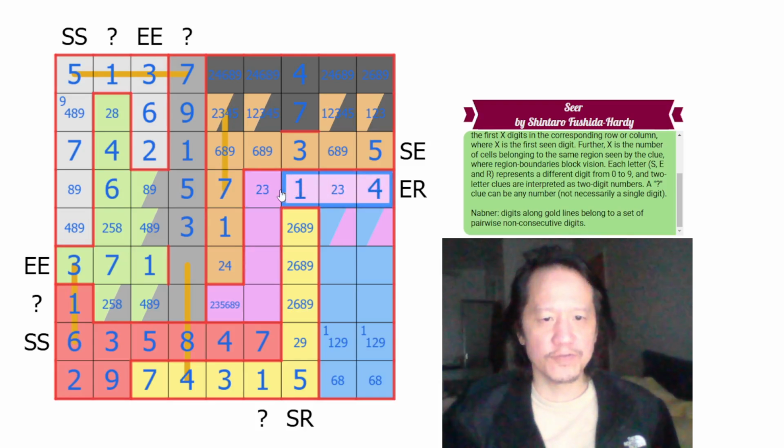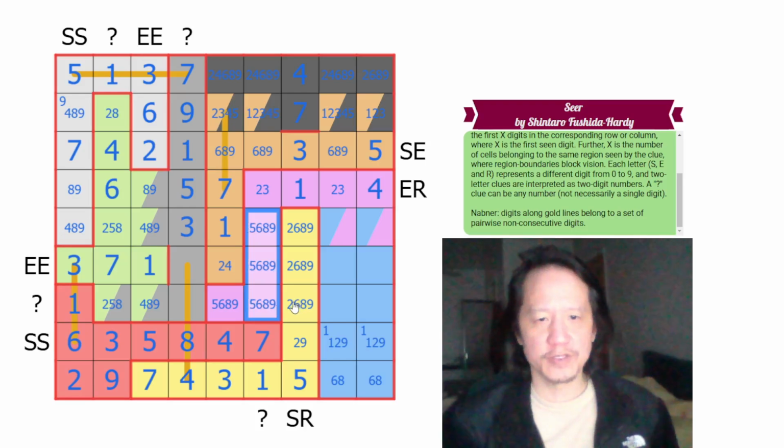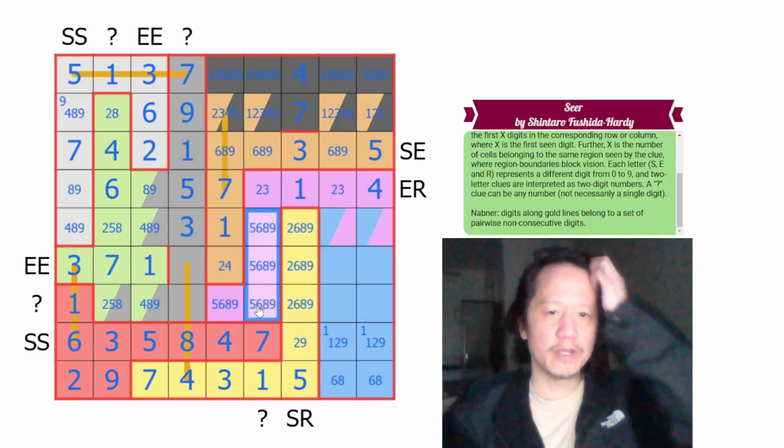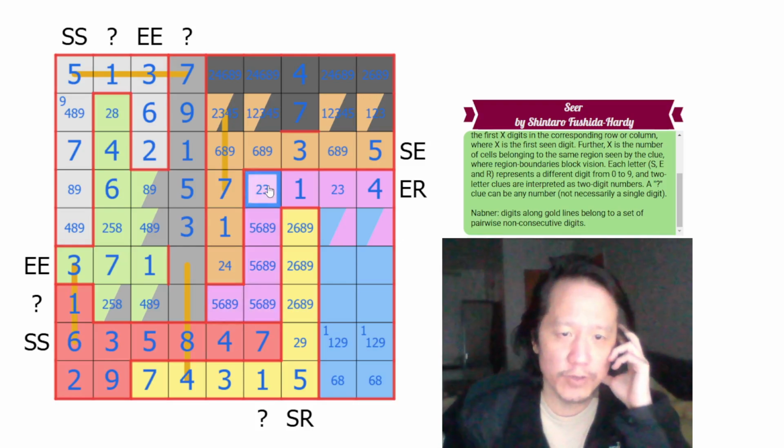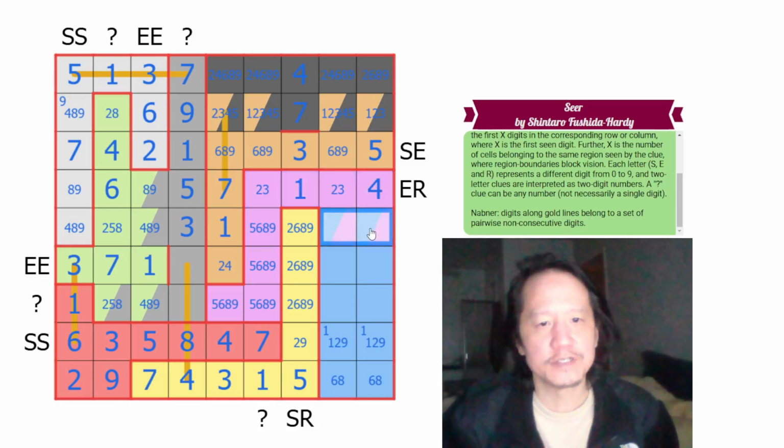This is 1, 2, 3, 4. So the rest of pink cannot contain 1, 2, 3, 4. Therefore, this is 5, 6, 7, 8, and 9. But this can't be 7. Now in pink, we have a 5, 6, 8, and 9 quadruple. We also have 1, 2, 3, 4 as a quadruple. Therefore, where is the 7? The 7 has to be one of these two cells.